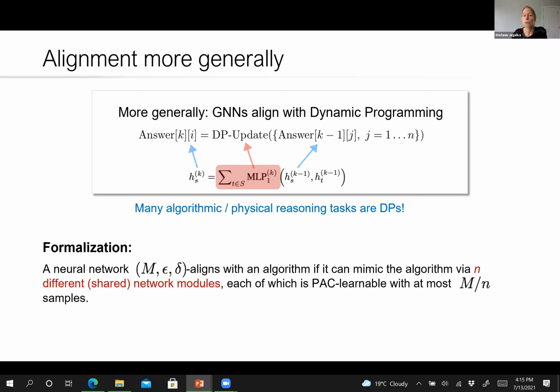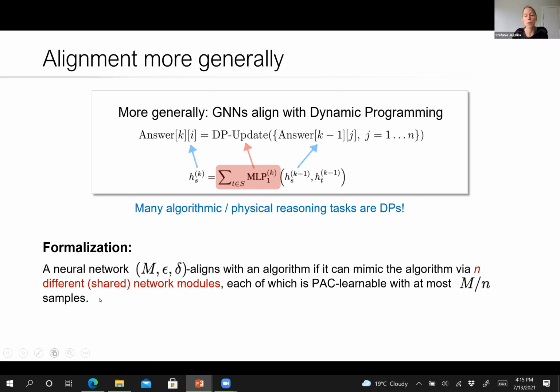So now let's try to formalize this a little bit. We say that a neural network, M epsilon delta, aligns with an algorithm if the neural network can mimic this algorithm while implementing simple functions in its learnable modules. What you now count for the complexity is the number of modules.